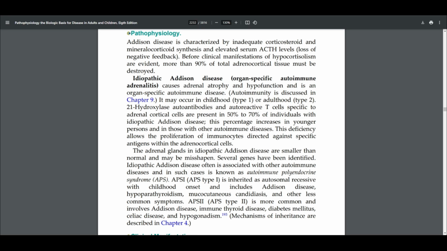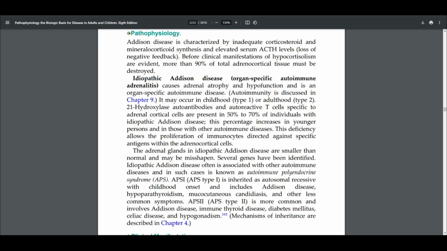Loss of negative feedback. Before clinical manifestations of hypocortisolism are evident, more than 90% of total adrenocortical tissue must be destroyed. Idiopathic Addison's disease causes adrenal atrophy and hypofunction and is an organ-specific autoimmune disease.